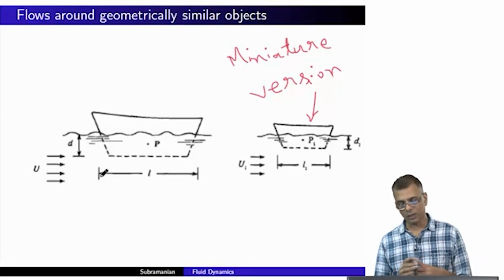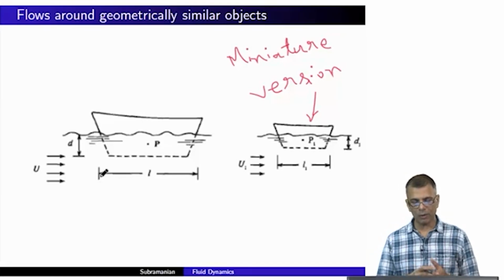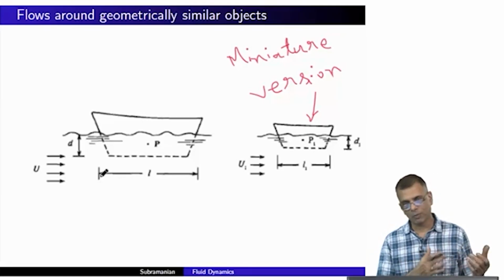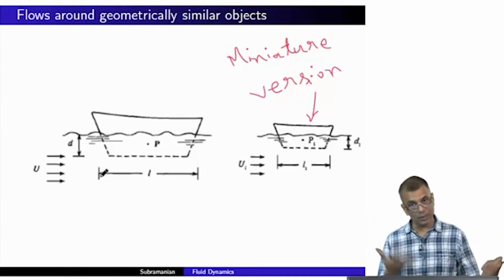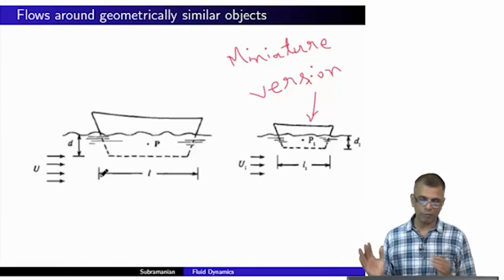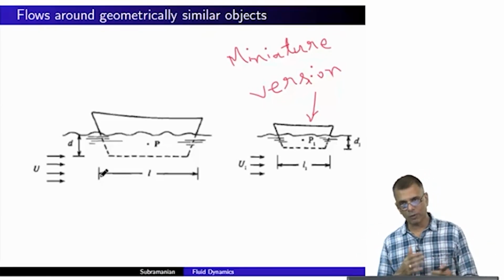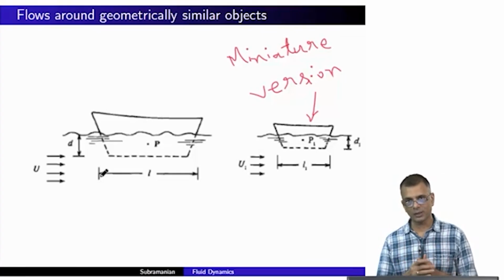So I have the ship, and I want to find out the dynamics of the ship, how fast it can move in water under certain conditions, so on and so forth. What's the drag? Many other things. But I cannot afford to build the entire ship and then do experiments on it. I would like a fair idea of things before I actually design the ship. I want to optimize the design.